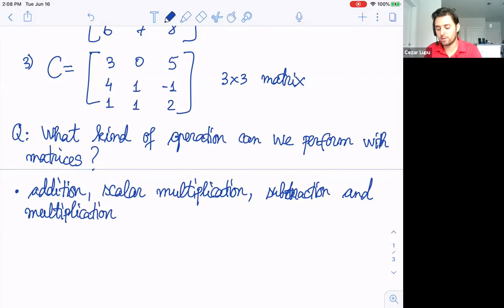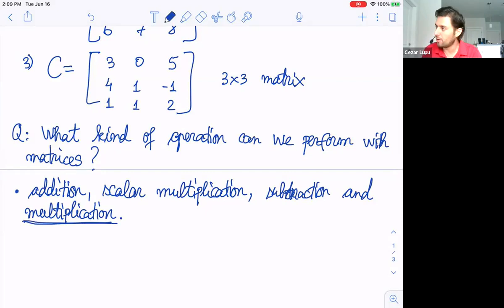By the way, there will be a distinction between scalar multiplication and multiplication of matrices.